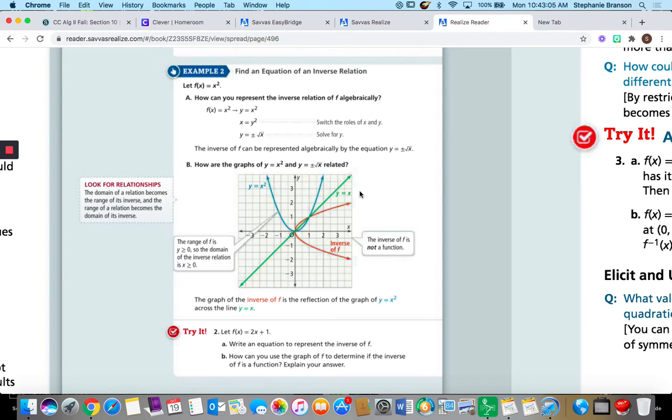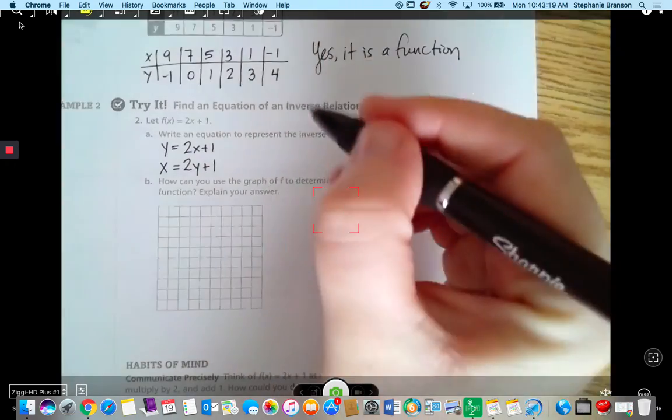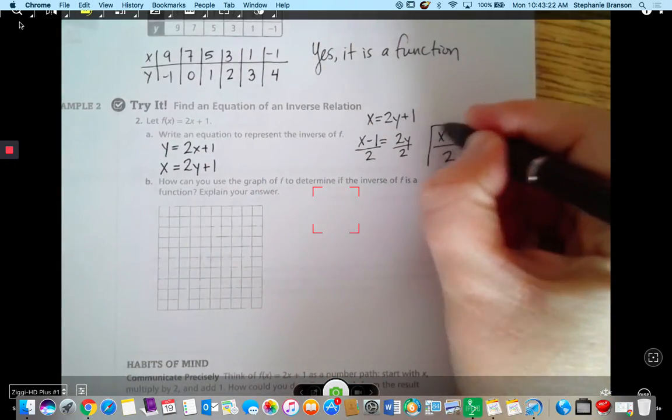Let's see if they wrote an inverse, or how they wrote it. No, they just wrote y equals. Alright, so I put a box around this.